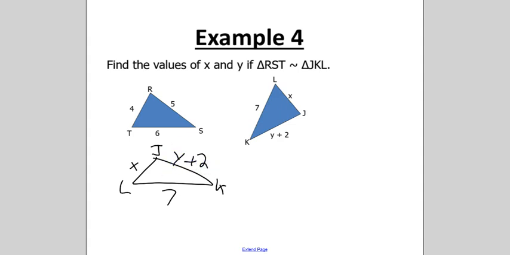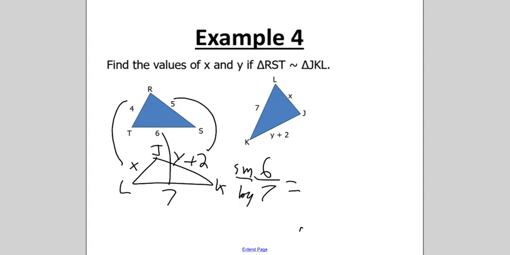I have to find my magic ratio. Where do I have numbers? So 4 to x, 5 to y plus 2, 6 to 7. There's my magic ratio. So I'm going to find x first. So 6 to 7. So again, I have my small and my big.